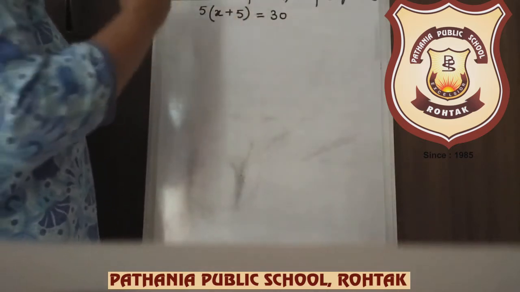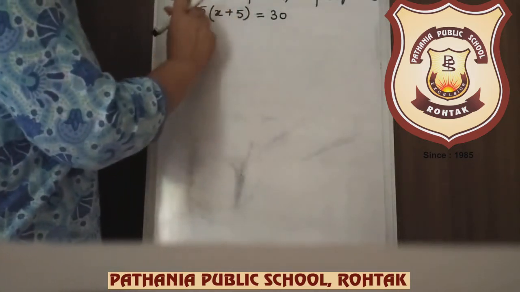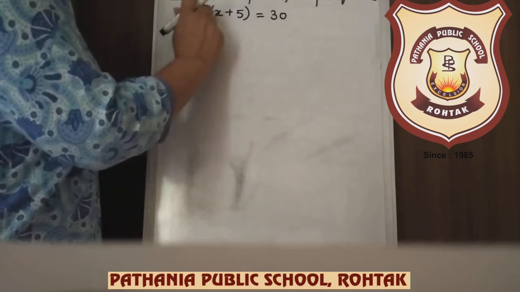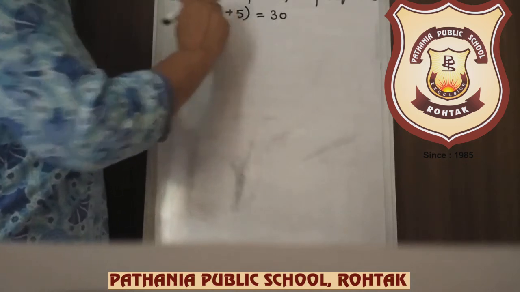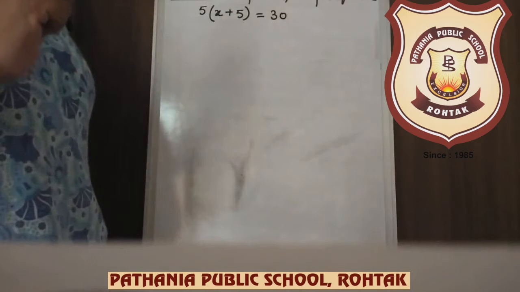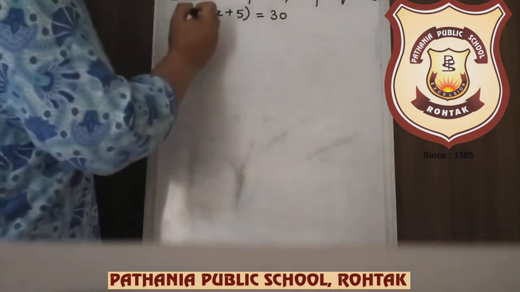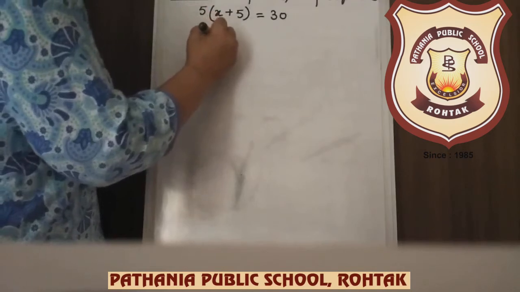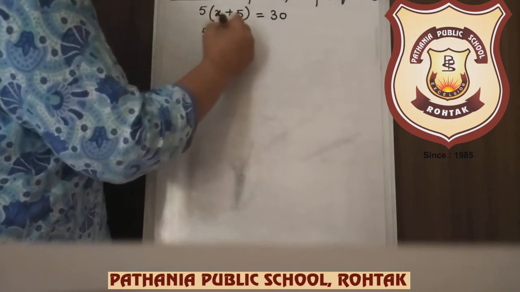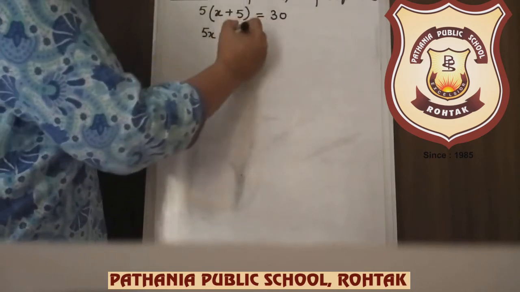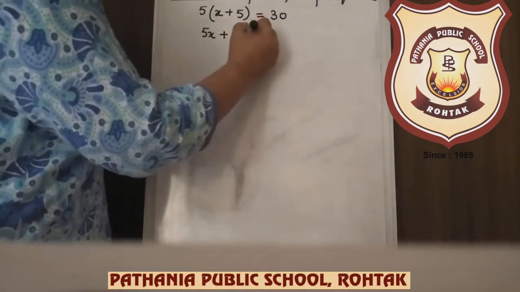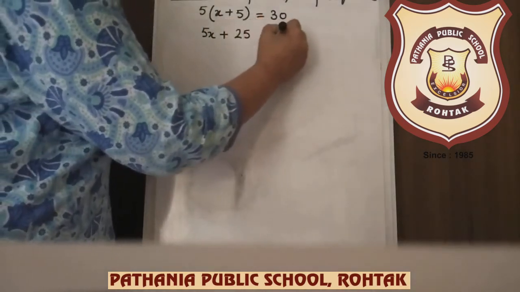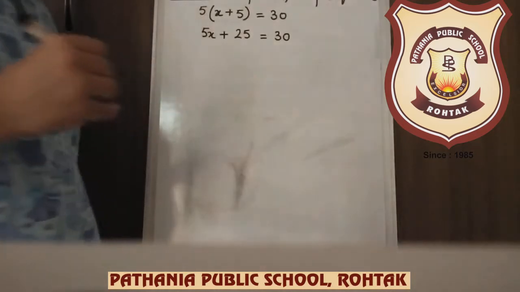First open the bracket. As there is no sign in between, this 5 is going to be multiplied with each term present in the bracket. So 5 multiplied by x is 5x, sign addition, 5 multiplied by 5 is 25, equals 30. Clear?